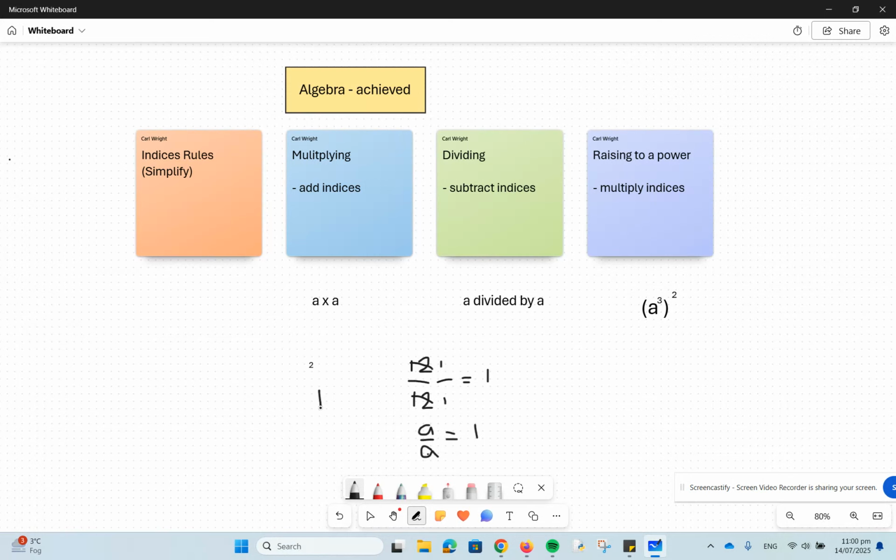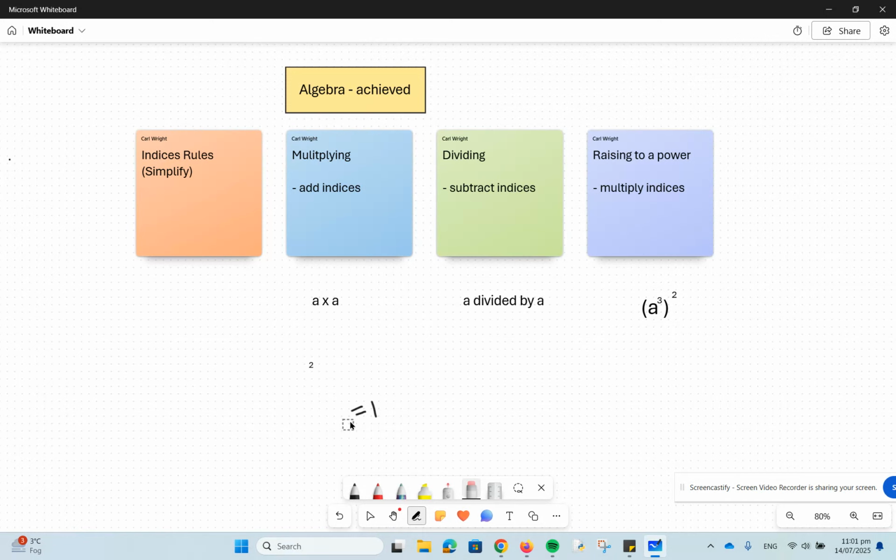So B divided by B, yep, the same numerator and denominator, it's going to be equal to 1, okay? Right, so remember it's 1 over 1, and I explained how you get 1 over 1, which is the same as 1, because you never write the 1 underneath. Okay, so now that you've got that basic understanding that anything divided by itself is equal to 1, that helps a little bit.